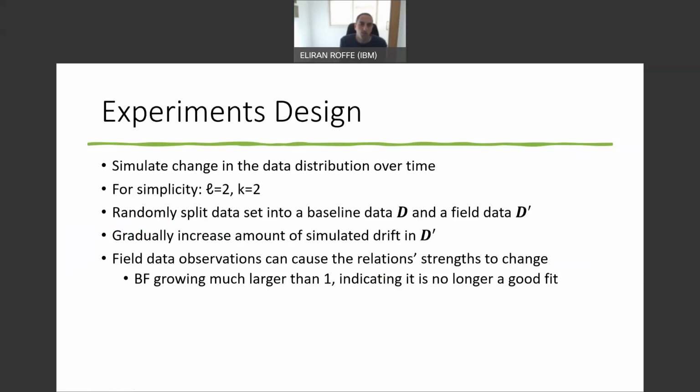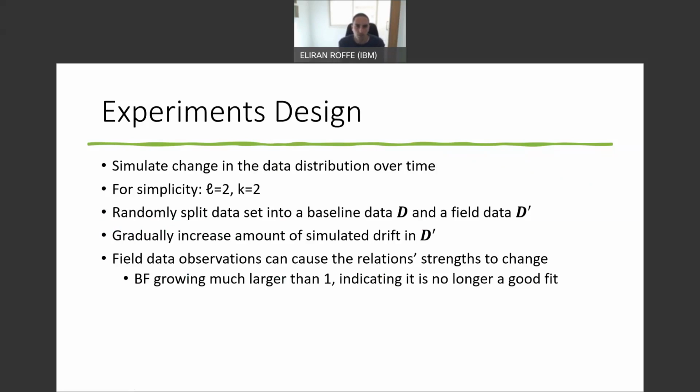We did two types of experiments. This is more or less a general design of these experiments. Later I will show you every specific detail of every experiment. We try to simulate a change in the data distribution over time. It means that we took a data set and split it randomly into two parts.